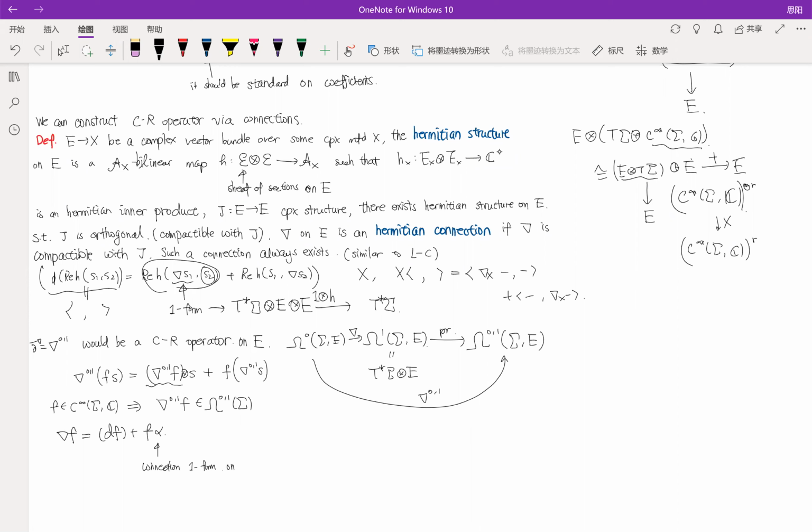It is an endomorphism of E, but now we are treating F, so it must be an arbitrary connection one form. So it must be just a differential form, a one form. And when we project it, it becomes alpha 0,1 and d bar of F.